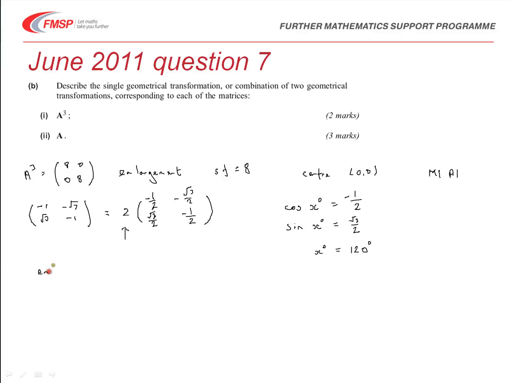So we can say that it's an enlargement scale factor 2 followed by, sorry about that, a rotation of 120 degrees, and I would put the plus there to emphasize that it's anti-clockwise, and again the center of that rotation would be at 0, 0.